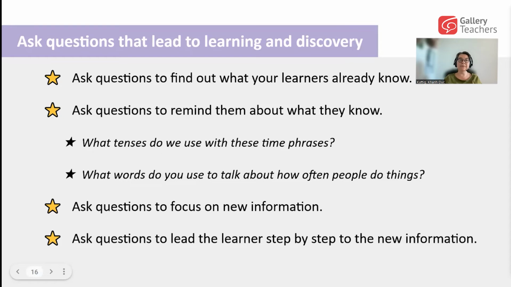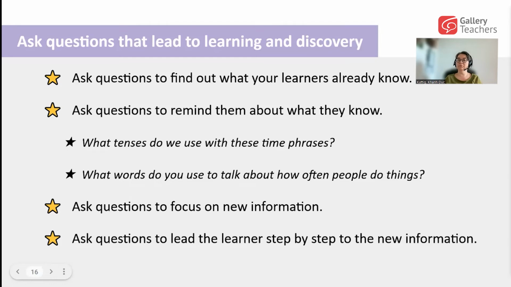We've got two examples here. If you were doing past tenses, you could say, what tenses do we use with these time phrases? Perhaps you've got time phrases like last week, yesterday, in 1975. So check that with them. If you're doing present simple, you can say, what words do we use to talk about how often people do things?